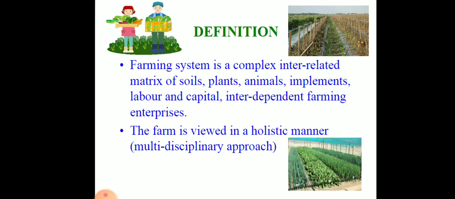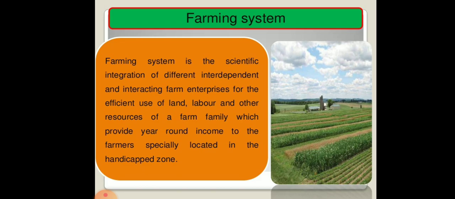So the farm is viewed in a holistic manner. In short, a farming system is a manner of farming holistically, or a step-by-step process following a procedure. Okay, so a farming system is the scientific integration of different interdependent and interacting farm enterprises.